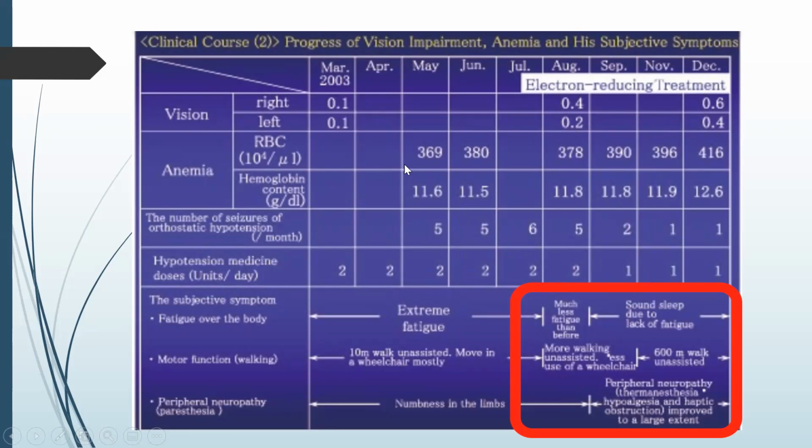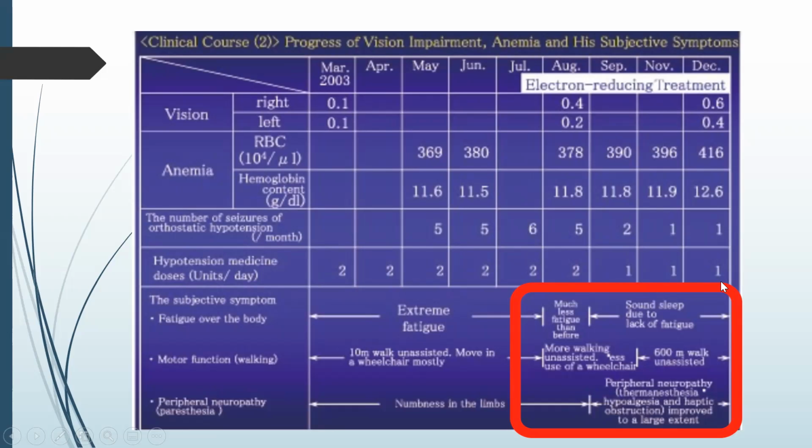The red blood cell count went from 300-something to 400-something, which is an increase. And the hypotension medicine, the low blood pressure medicine, was reduced from 2 units per day to 1 unit.